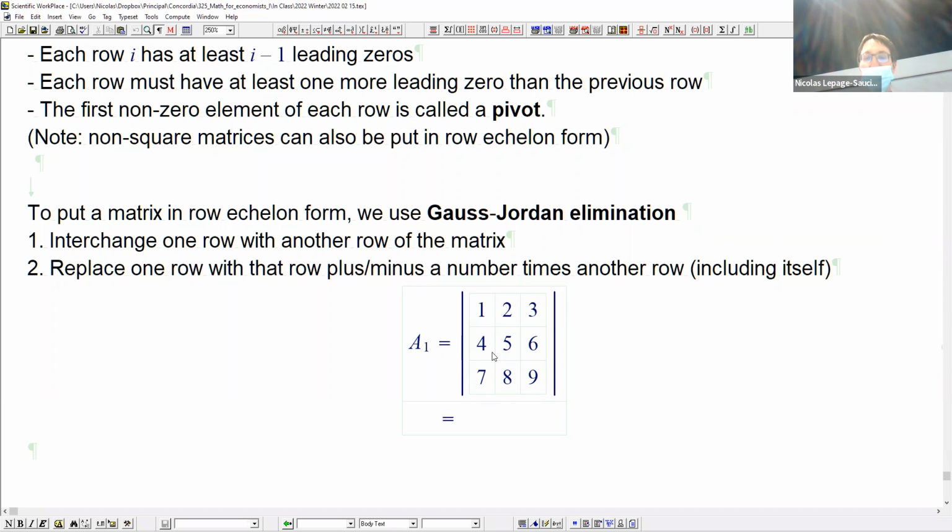So what can we do to put 0 in there with these two things that allow us to do? Yes. So row 2.